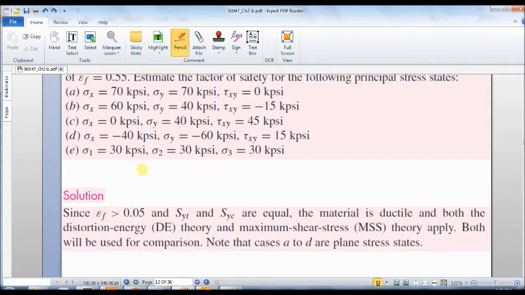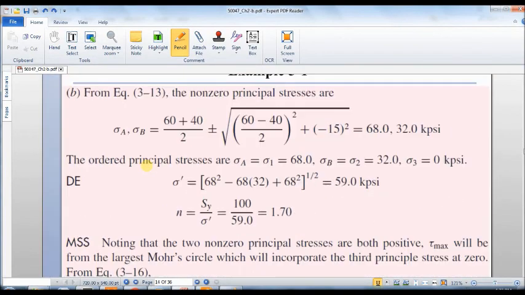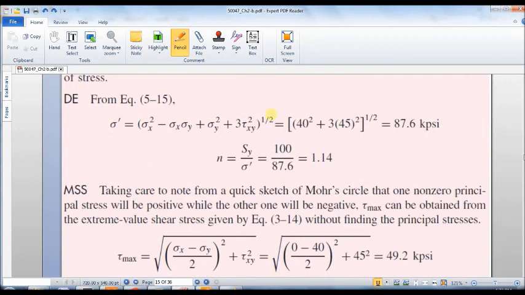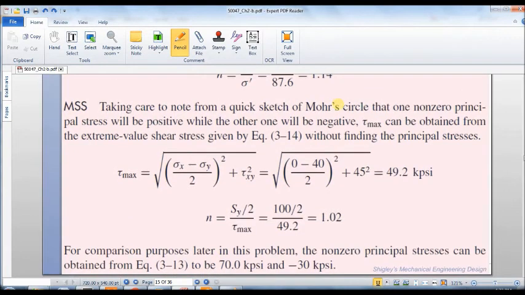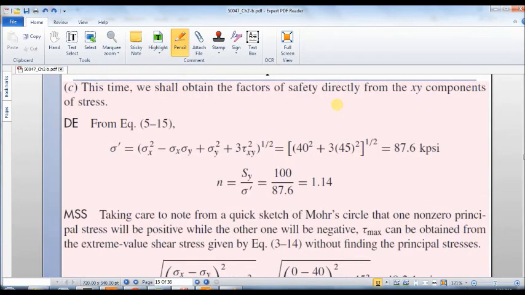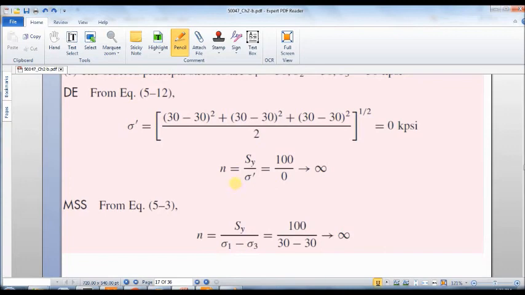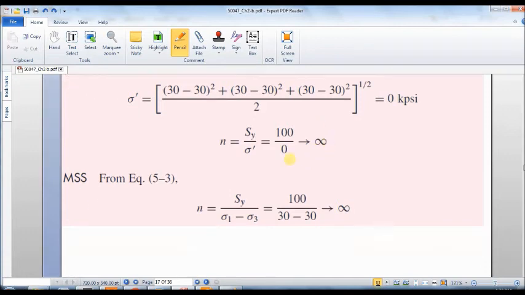This refers to the principle of this theory, distortion energy theory. You can refer to the theory and you will see that this is the principle. When we have three equal principal stresses, the distortion energy is zero, and therefore the safety factor is infinite. That means there isn't any distortion or deformation in the stress element.